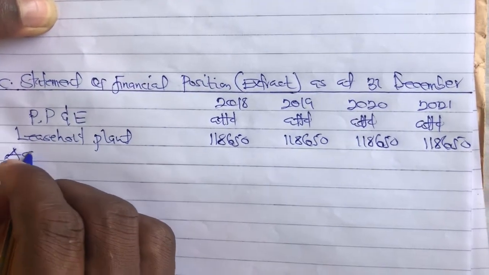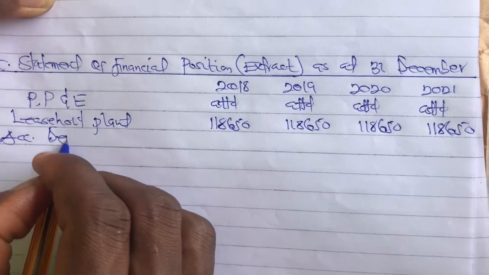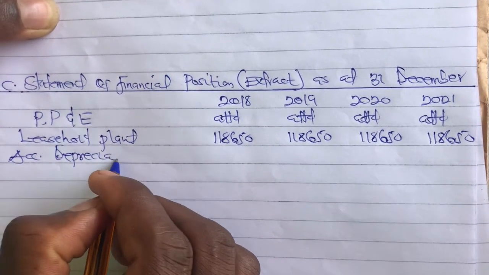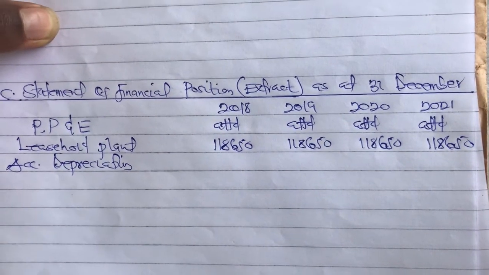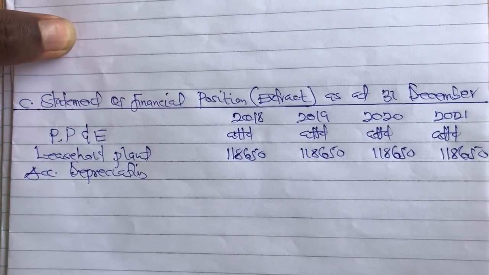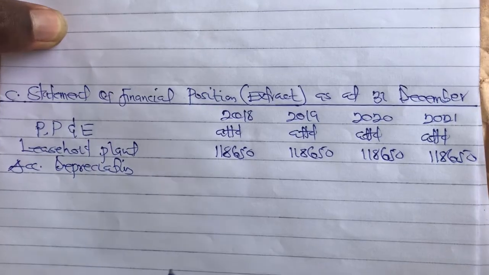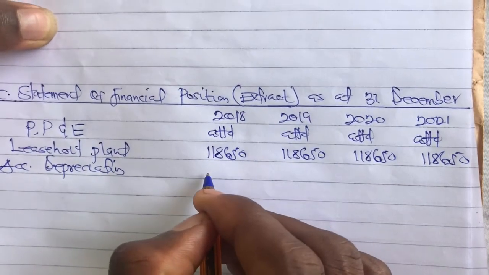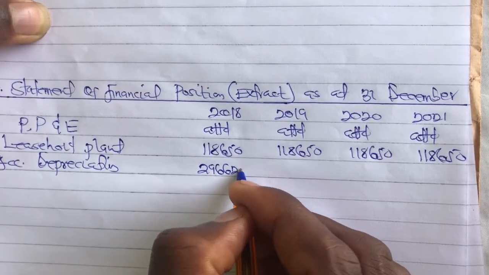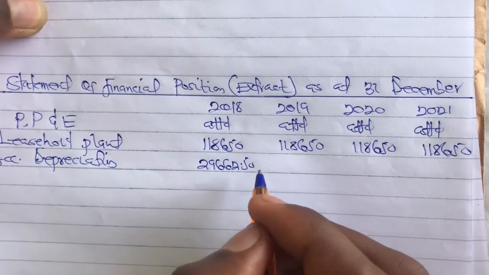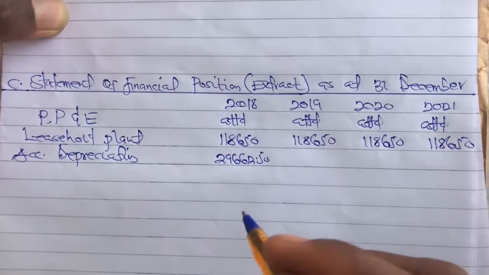Remember that each year the depreciation charge is 29,662.50. So we are going to have 29,662.50 for 2018, as we are accumulating the depreciation.